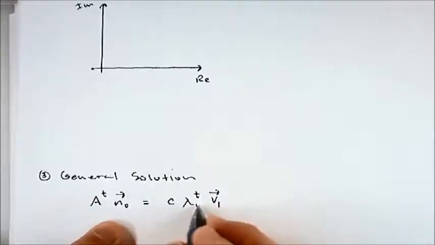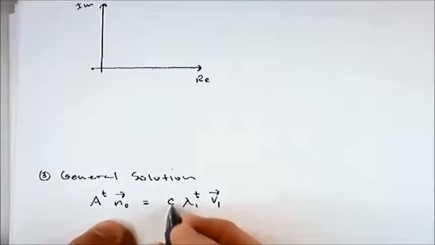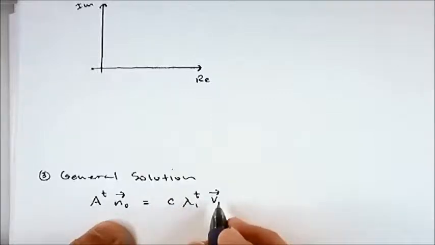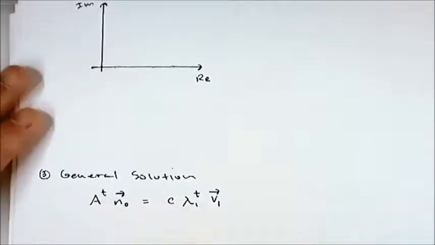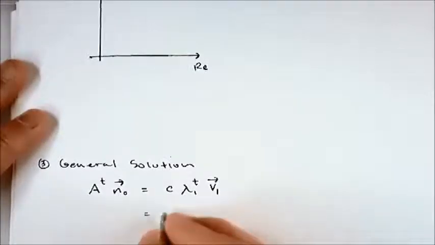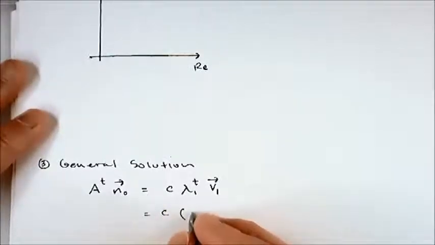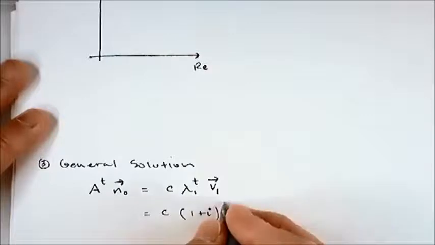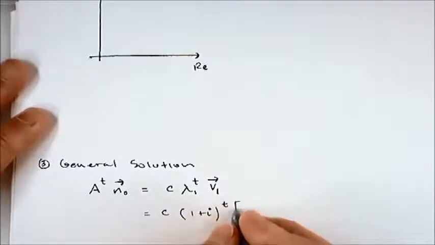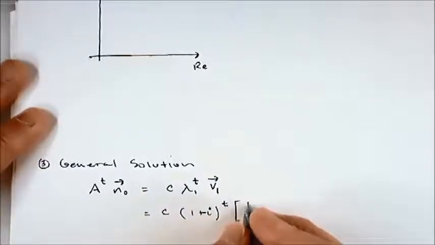We really just need to work with one of them. And so it's really just C lambda 1 to the t times V1, which means it's really some constant c, 1 plus I to the t times this vector that we just found, 1, negative I.